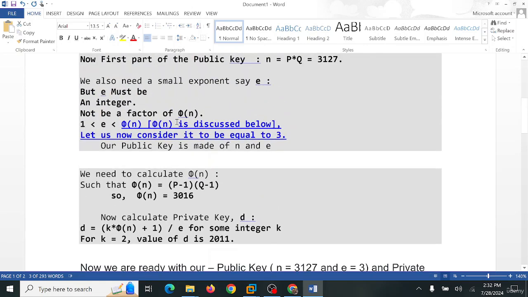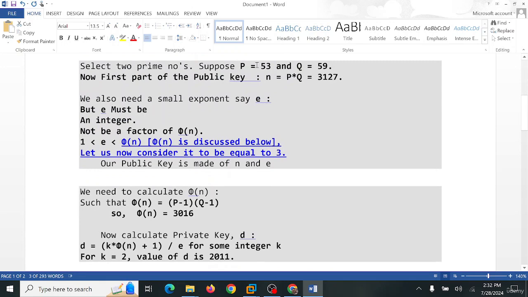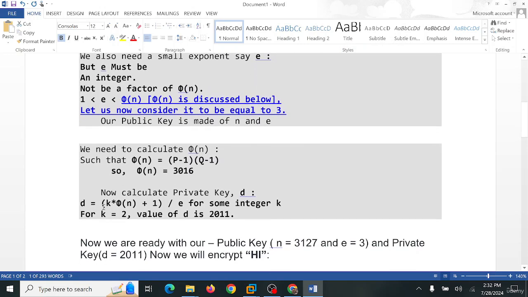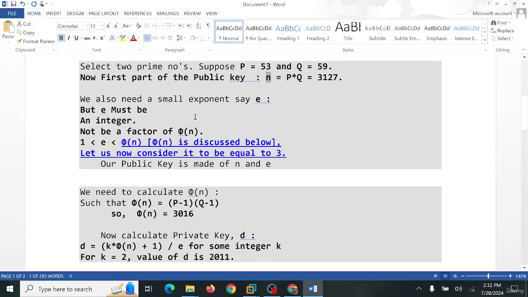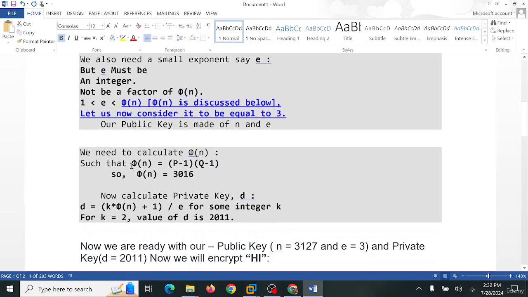To compute this private and public key, the main focus is on the values of p and q, because if p and q are known, n will be known. If n is known, we can get everything, because if p and q are known, we can find Euler's totient. If Euler's totient is known, obviously we can find the value d, which is the private key.